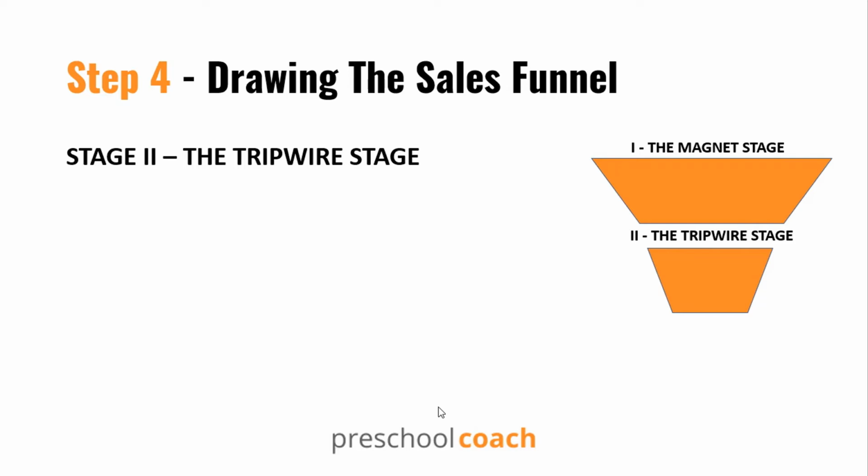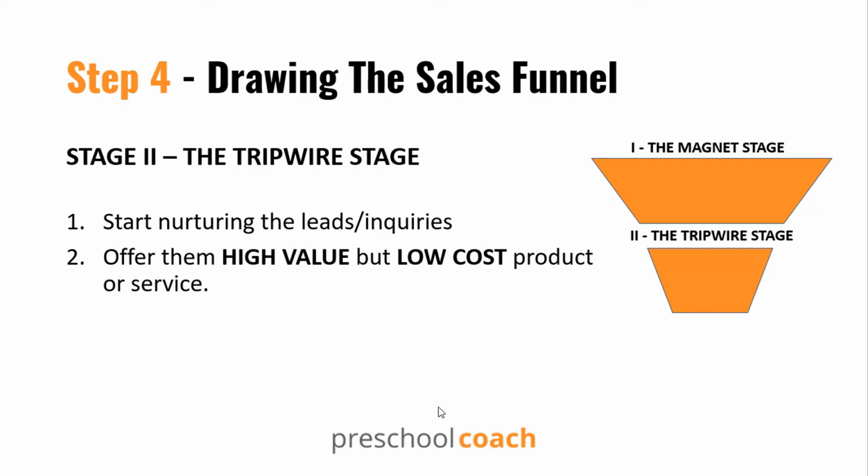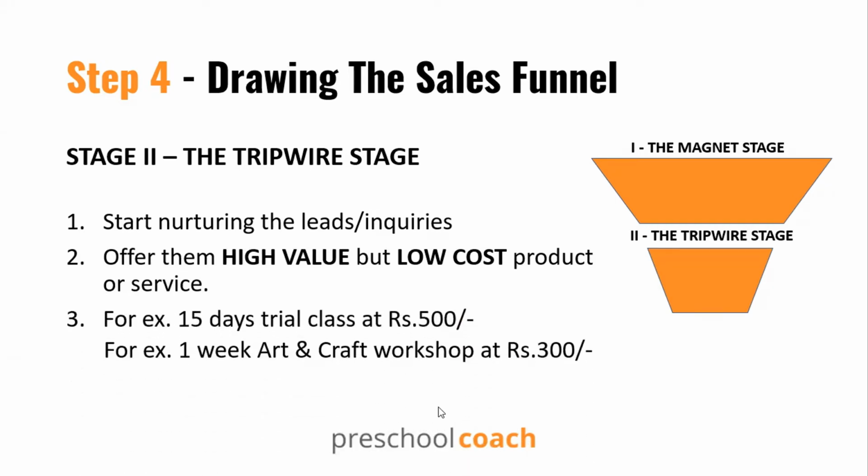The tripwire stage is the stage where you start nurturing the leads which were generated in the magnet stage. Start nurturing them by offering a high value but low cost service at your preschool. For example, you can offer them a 15 days trial session at a cost of as low as Rs 500, or you can offer them an art and craft activity class at as low as 300 rupees.